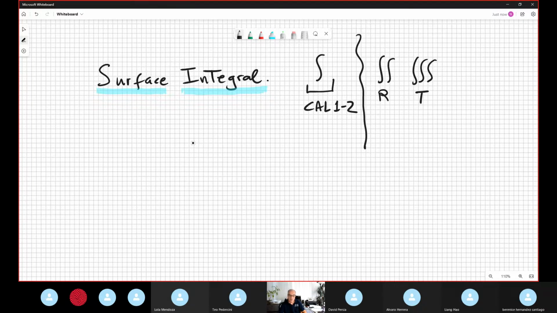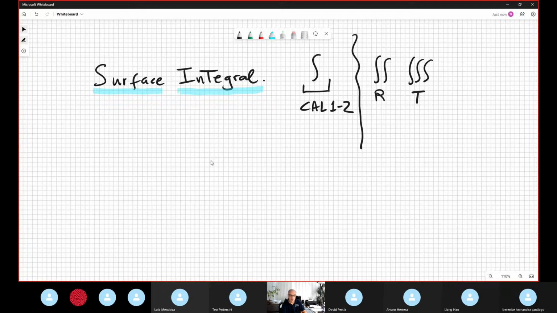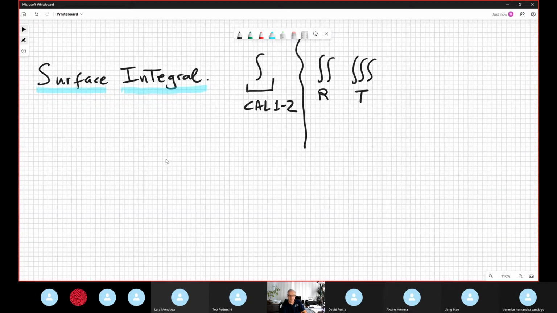The interpretation of the double integral is volume. Well, it always depends on the nature of the integrand function. If the integrand function is not one, it's volume. If the integrand function is one, it's area. And for the triple integral, sorry, the interpretation is mass, if you suppose that the integrand function represents density or another thing. Then if the integrand function is one, then it's volume, no? We also study the line integral.